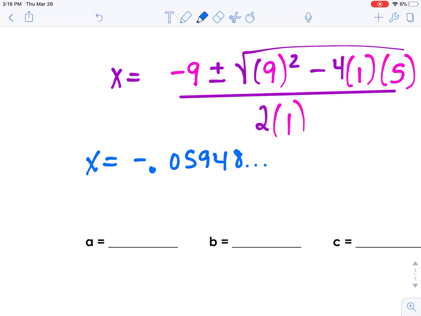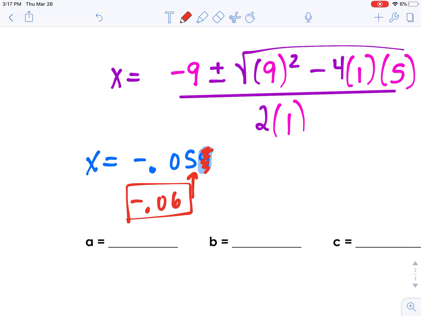If they want us to the hundredths place, because that's what our homework will be, we want to look at the third number. This is our hundredths place, so we look at this 9. Everything after that we don't care about. I'm going to erase. The 9 means I'm going to round this up. So this 9 goes away, and this 5 will become a 6.